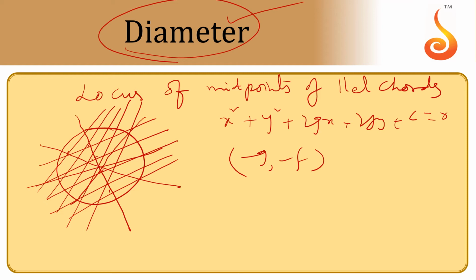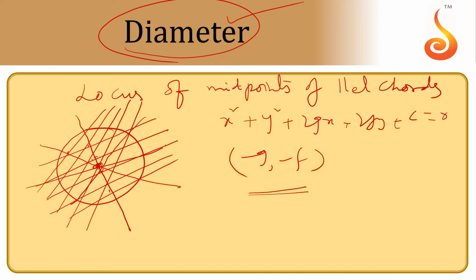So all the diameters of a circle are concurrent, and that point of concurrency is nothing but the center of the circle.